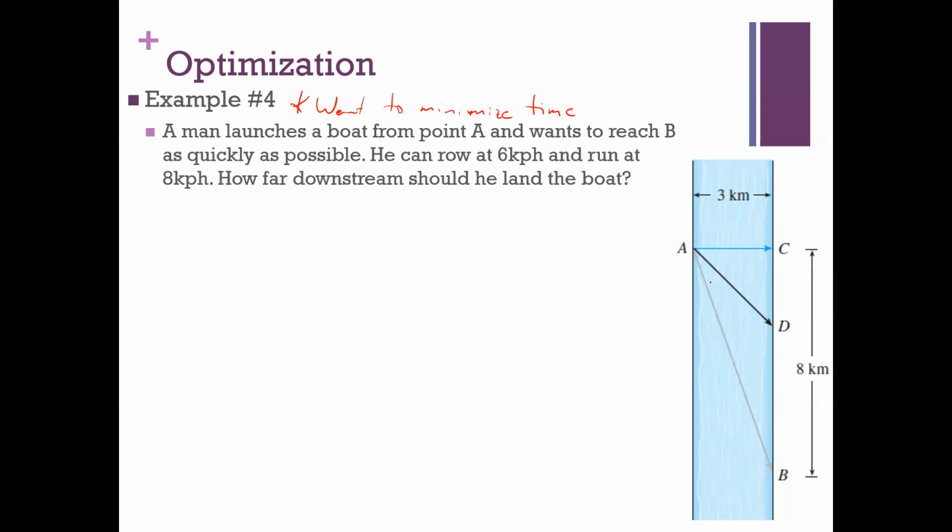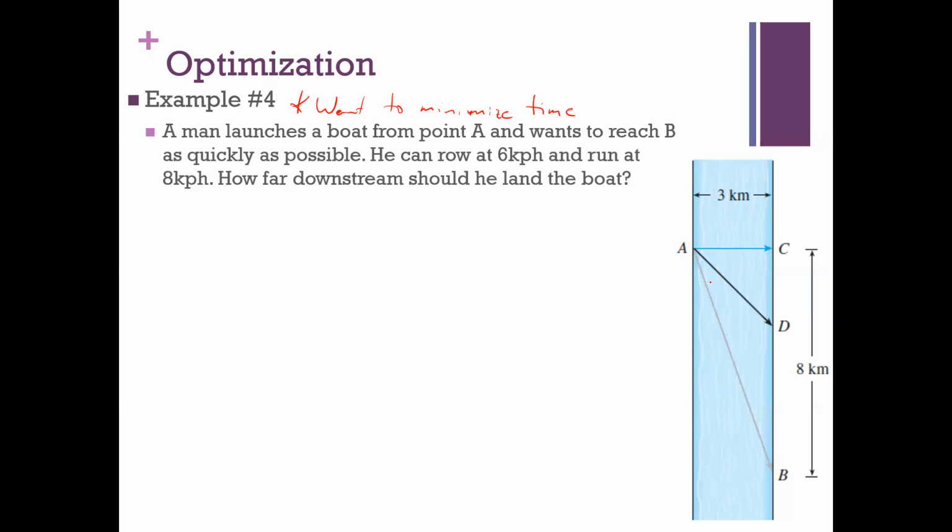Where should we start assigning variables here? Like, the metaphorical knob here that we're going to try to dial in. What should that variable be? If I were to trace his path, he's starting from A to B, right? Not directly, maybe directly, but not necessarily. How would I trace that path from A to B?